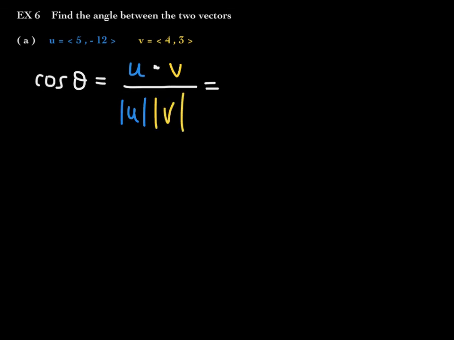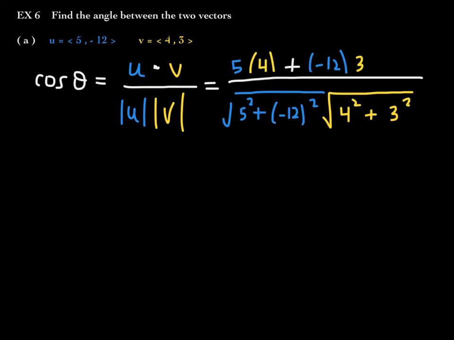Now remember what the dot product of two vectors is. It'll be 5 times 4 plus negative 12 times 3. So here I have the dot product in the numerator that I just called out. And then here is the magnitude of vector u, and this is the magnitude of vector v.